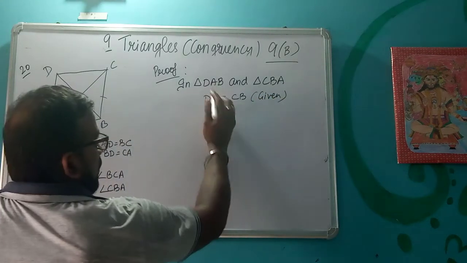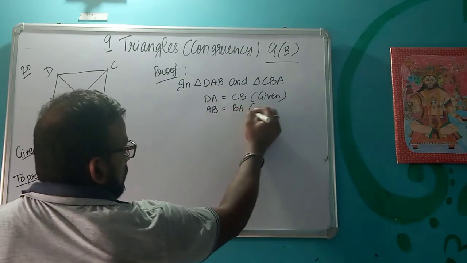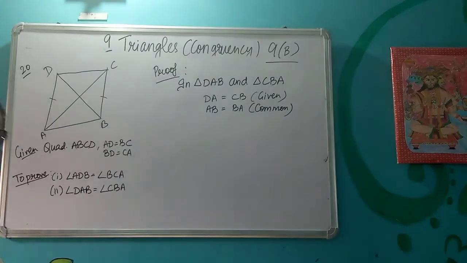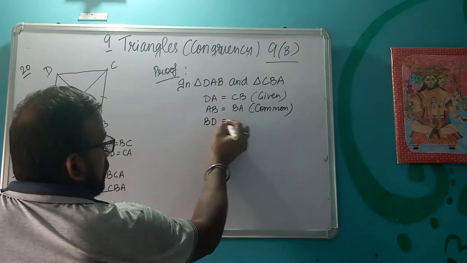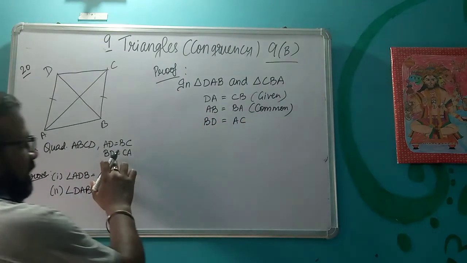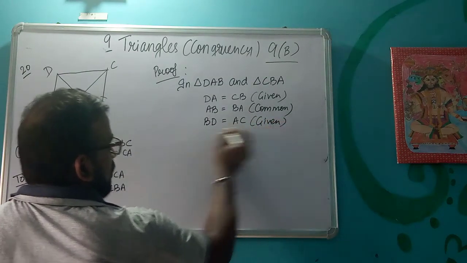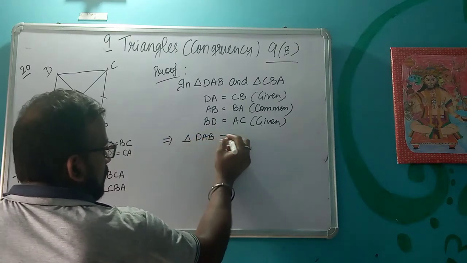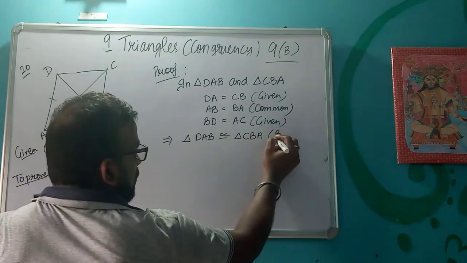Then AB equals BA, the common side. Then BD equals AC, again it is given here. So we have proved that triangle DAB is congruent to triangle CBA by SSS criteria.